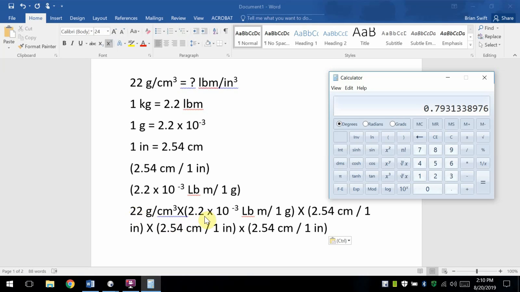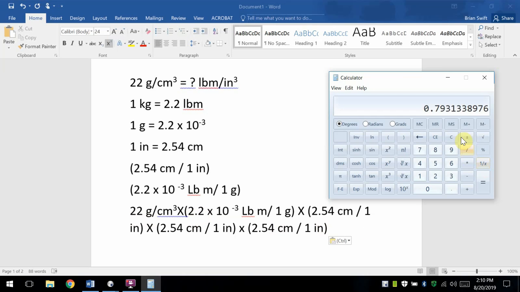Now this has two significant figures. This has two significant figures. This has 3, 3, 3. So the number that we use is the one that has the fewest number of significant figures, which is the first number. This 2.2, we're not sure how many significant figures that has. Probably only 2.